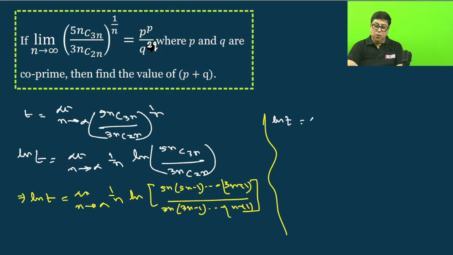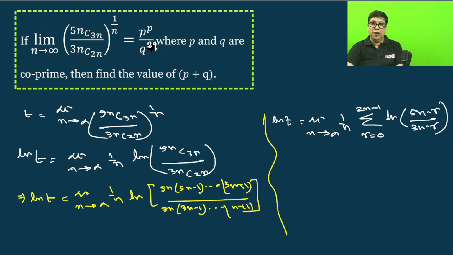ln t equals the limit as n tends to infinity, and if we apply the definite integral as a limit of a sum, we get the summation over r equals 0 to 2n minus 1, because 5n to 3n, 3n to n, so 2n minus 1, of log of (5n minus r) by (3n minus r).